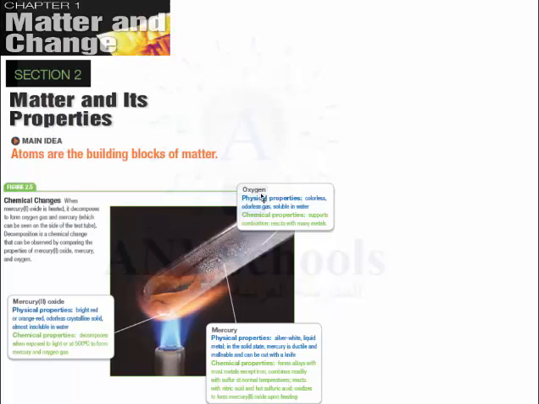Hi. In the previous lesson, we looked at matter and the properties of matter and how matter can be regarded to be either atoms or elements or even molecules and compounds.